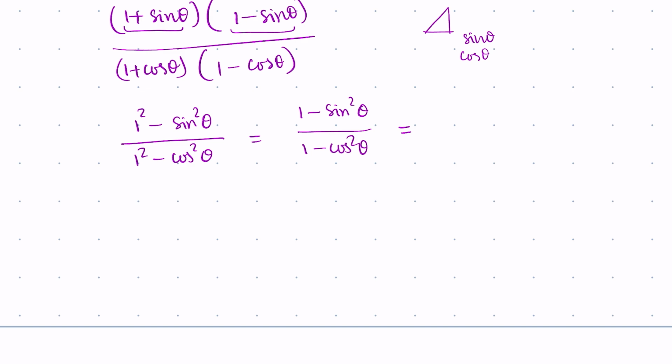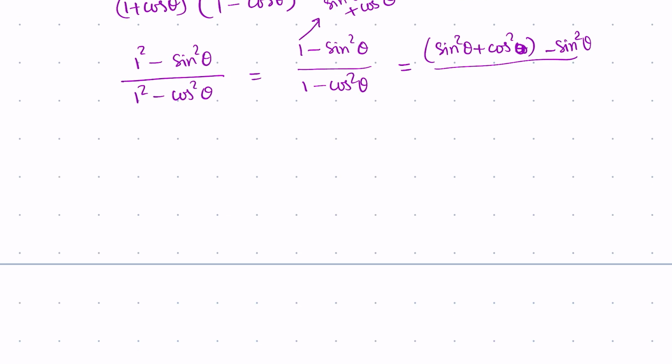Again, if you remember, 1 can be written as sine squared theta plus cos squared theta. So we'll write it as sine squared theta plus cos squared theta. That's just 1 minus sine squared theta.